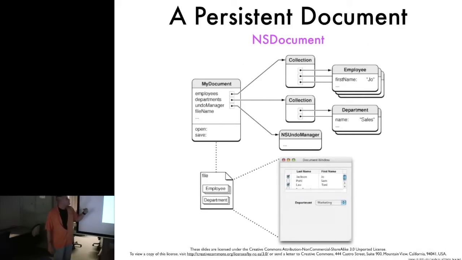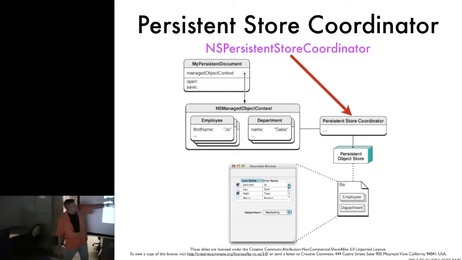So let's actually, we're only going to touch on this. This is something that you're going to want to take a look at if you're going to be allowing your users to create data on a document. This is typically done with a persistent document.